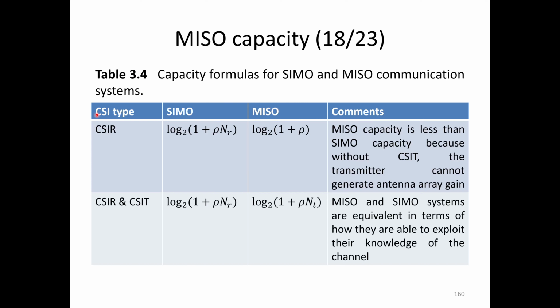You can see that when the CSI type is CSIR and CSIT, the capacity for the SIMO communication system is log2 of 1 plus rho NR, and the capacity for the MISO communication system is log2 of 1 plus rho NT. When NR is equal to NT is equal to N, the two capacity formulas are totally the same.